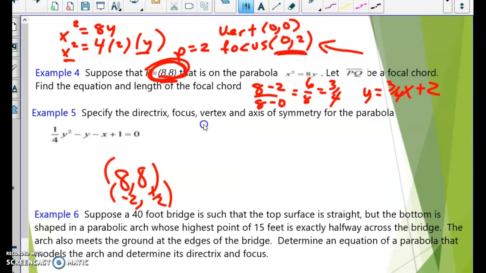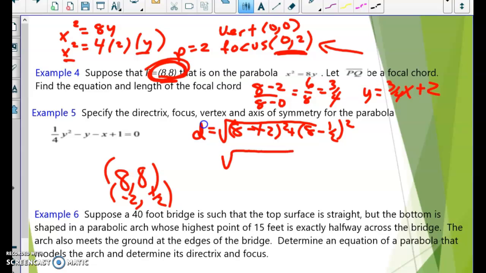And so I'm going to use the distance formula. I'm going to put 8 minus -2, squared, plus 8 minus 1/2, quantity squared.